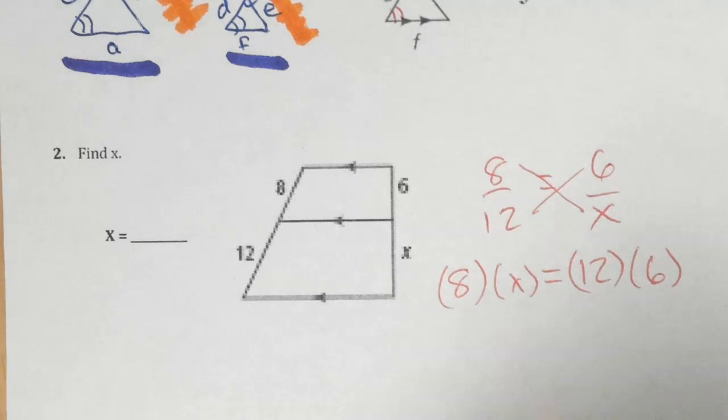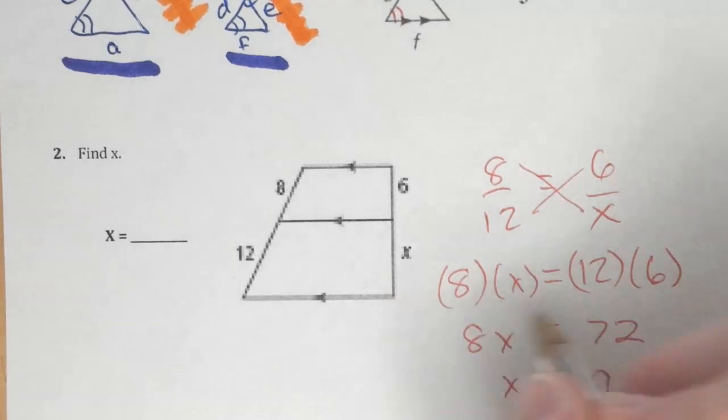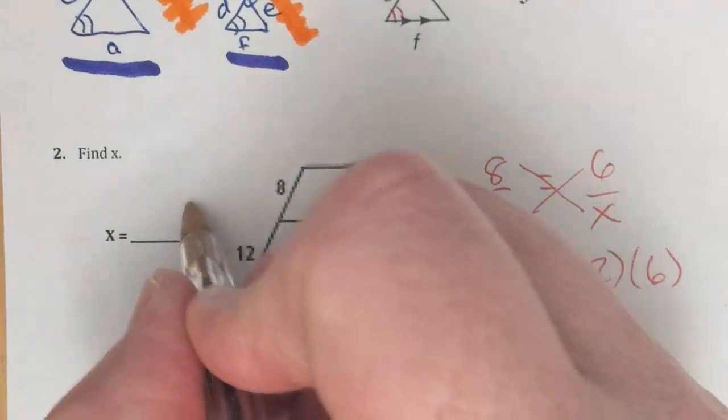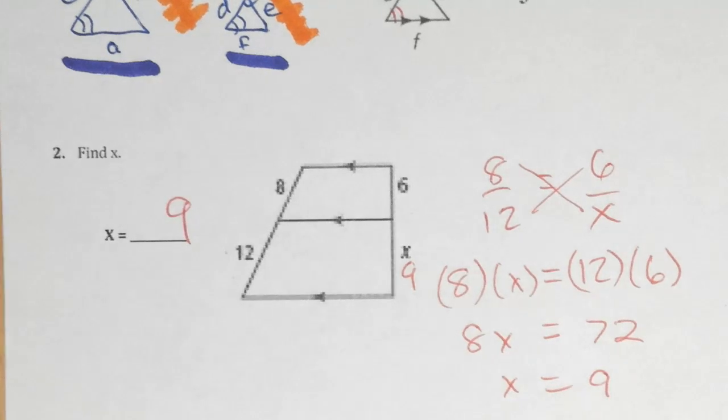When we multiply that, we get 8x is equal to 72. We divide both sides by 8, and we get 9. If you put that back in, that makes sense. Does that look legit? Yes, it does. The answer was 9, and that's it for number 2.